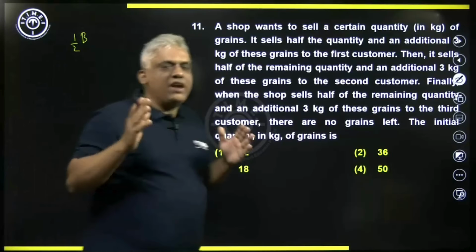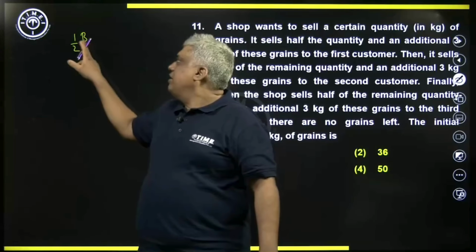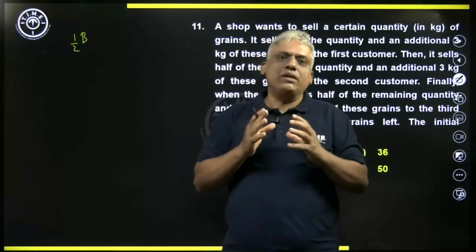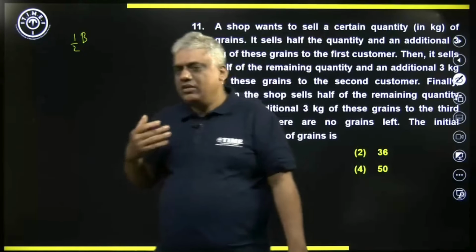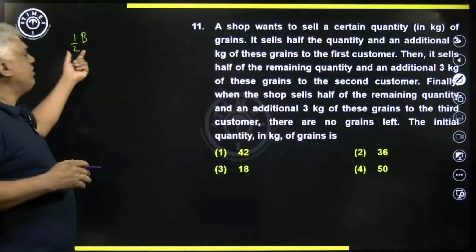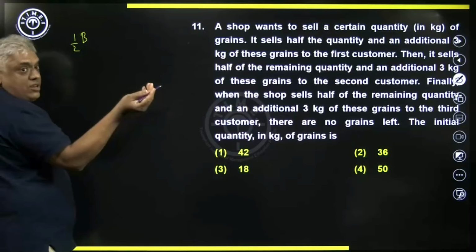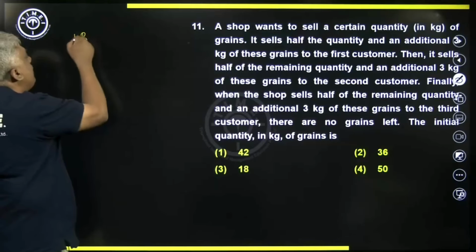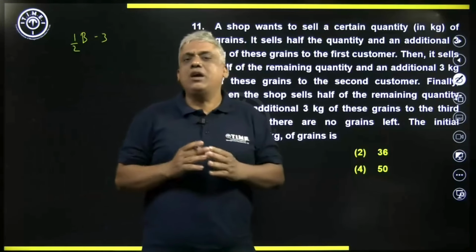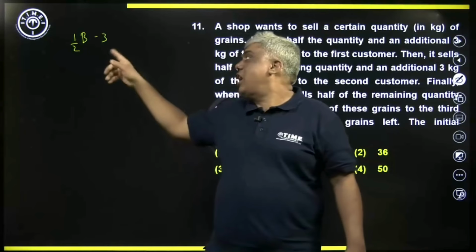Now, he is selling an additional 3 kg. So he sells half of B plus 3, and what is left will be half of B minus 3.